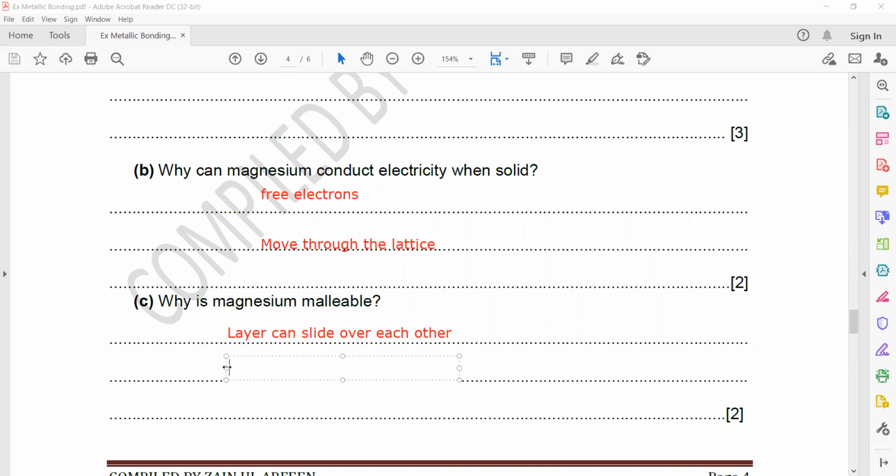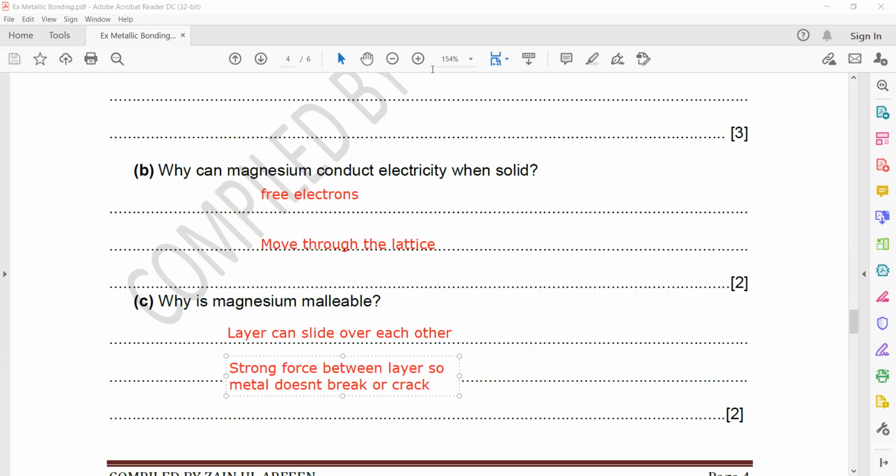And what is the second mark? There is a strong force between the layers, so the metal does not break or crack.